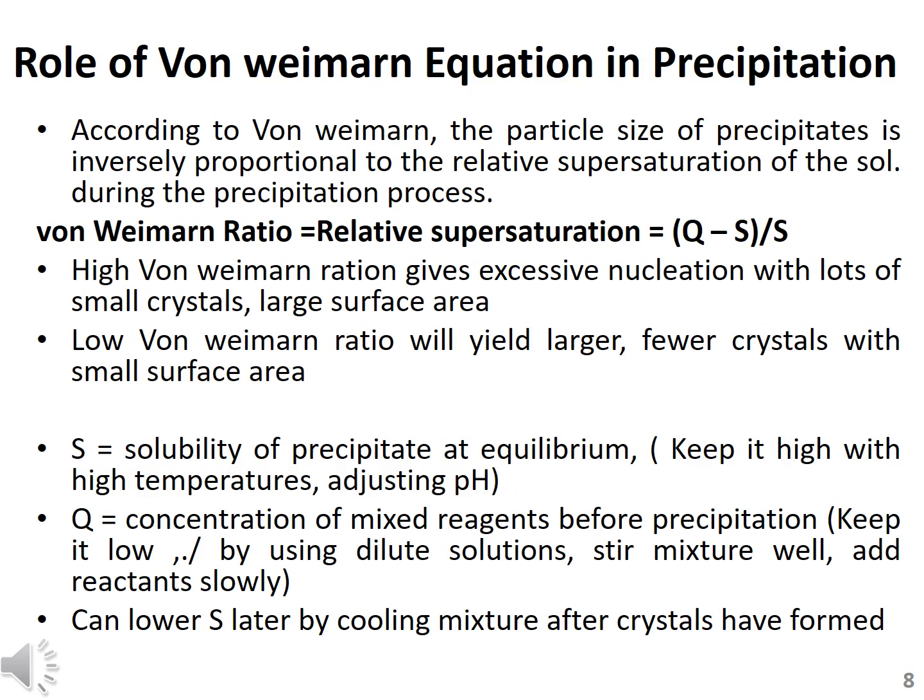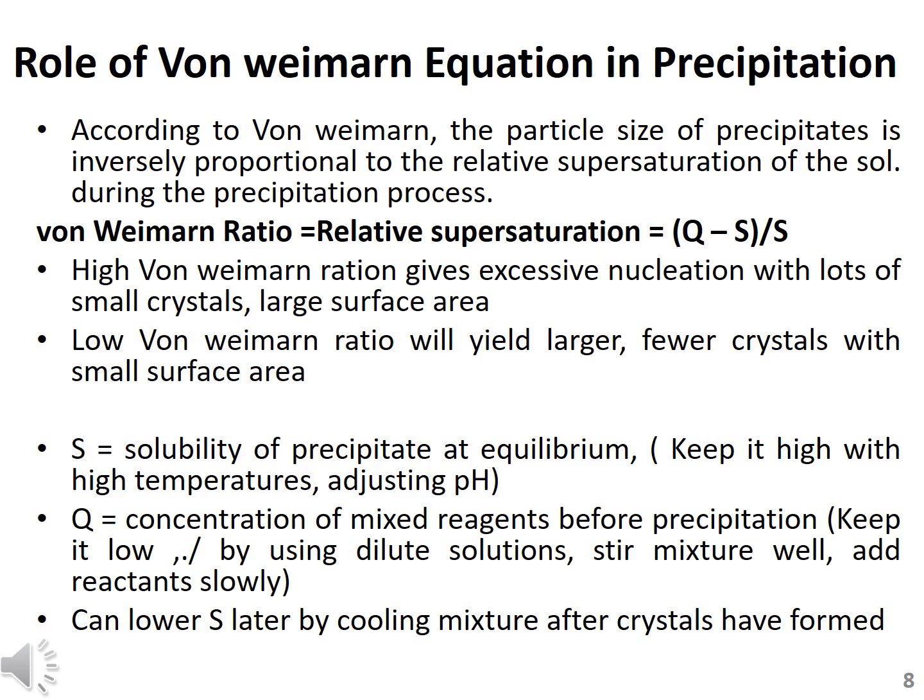Okay, in this slide we will discuss the role of the von Neumann equation in the precipitation process. According to von Neumann, the particle size of the precipitate is inversely proportional to the relative supersaturation of the solution during the precipitation process. This means that the particle size is inversely proportional to the relative supersaturation.